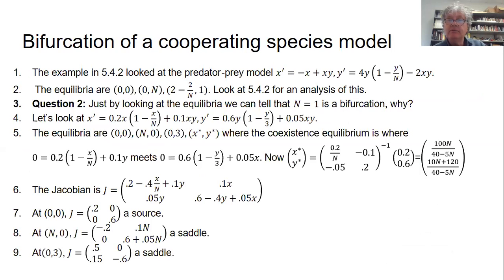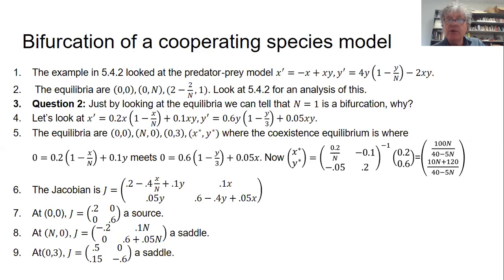So we can see that there are 3 equilibria: where both species are extinct, where there's no predator so that the system is at the carrying capacity of the prey, and there is a coexistence equilibrium. So if you look at section 5.4.2, it'll give you analysis of this.